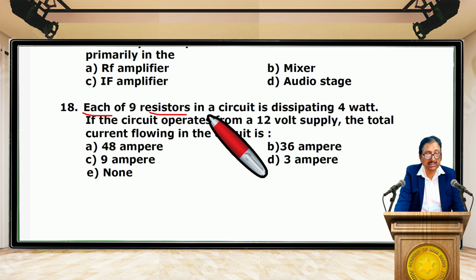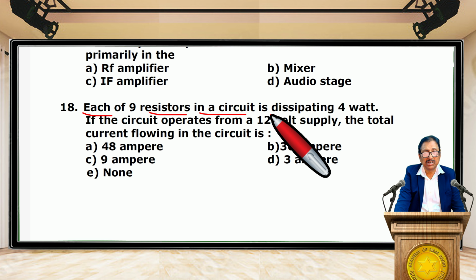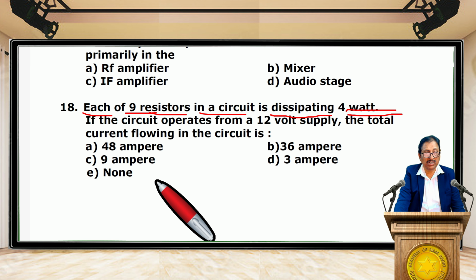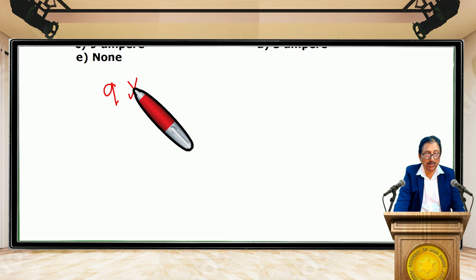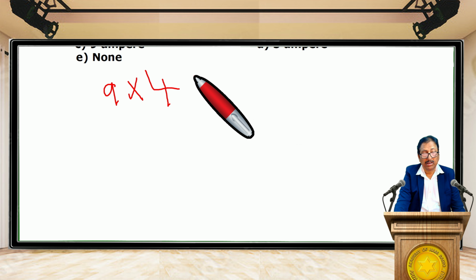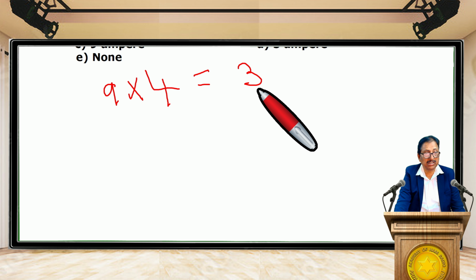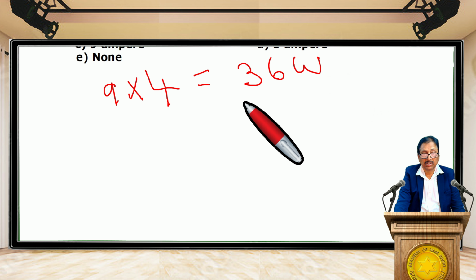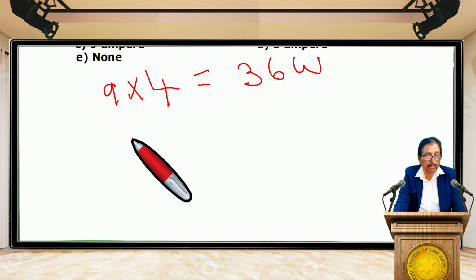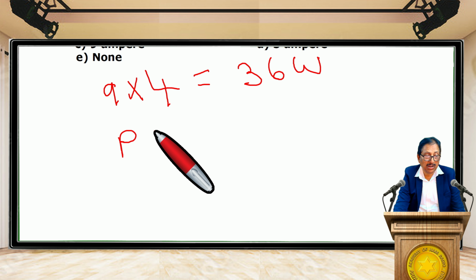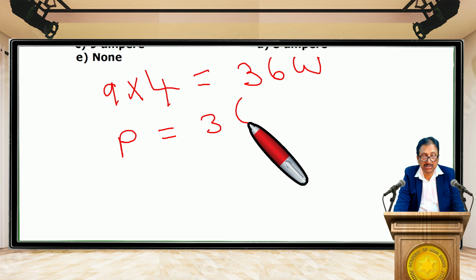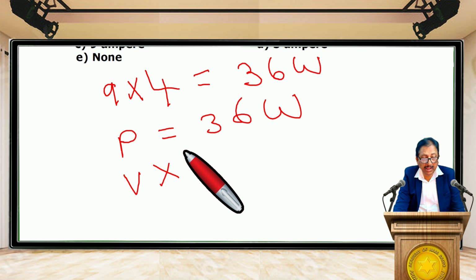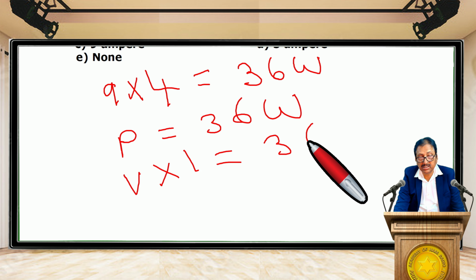Each of 9 resistors in a circuit is dissipating 4 watts. 9 resistors, 4 watts. 9 into 4 is equal to 36 watts. So we know that power is V into I, equal to 36.